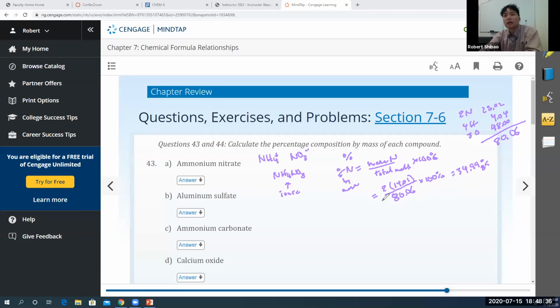We do the same thing for percent hydrogen. We have 4.04 out of 80.06 times 100%. 4.04 divided by 80.06 times 100 is going to be 5.046, with 4 sig figs, and carry an extra 2, so about 5.05% hydrogen. The percent nitrogen and percent hydrogen are all by mass.